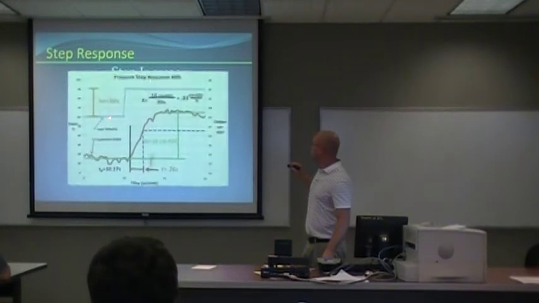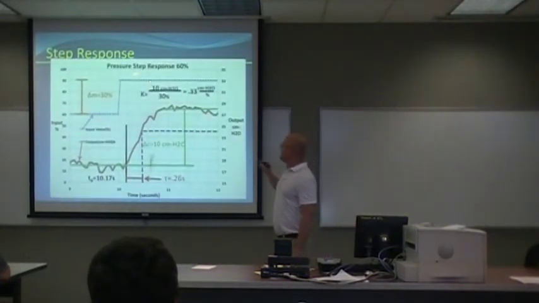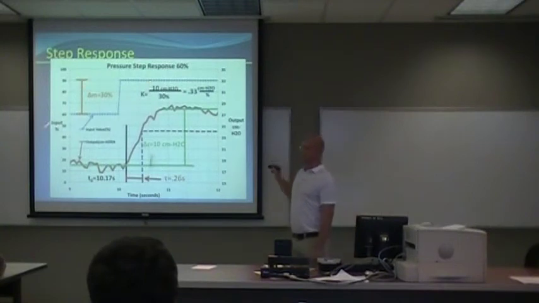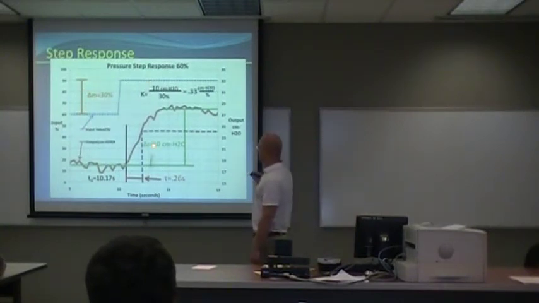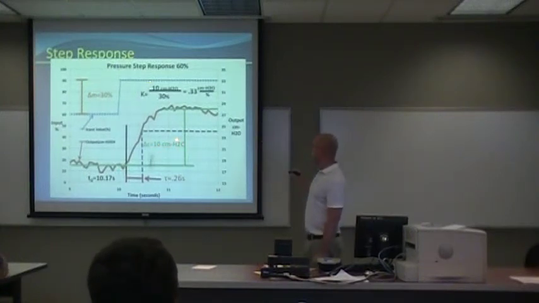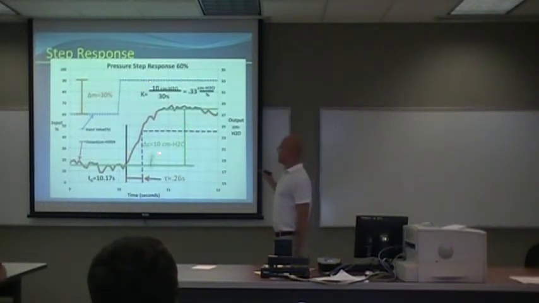Here's a graph for our system. This is for the step response at 60%. We did input change at motor power 30%. Our change in output was about 10 centimeters of water. Okay, calculating 63.2% of that gave us about 24 centimeters of water.